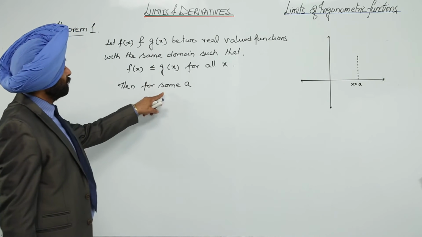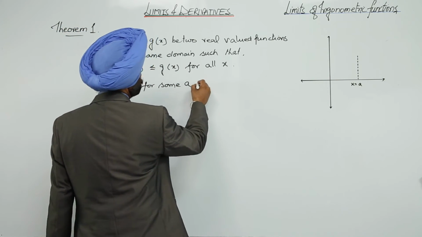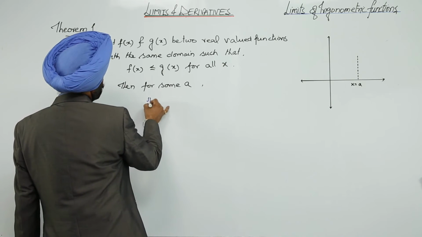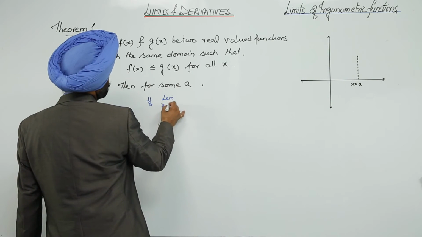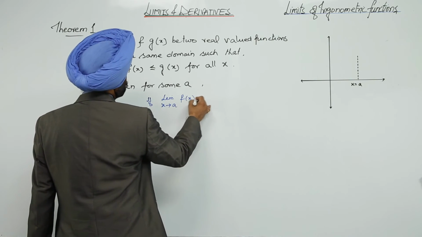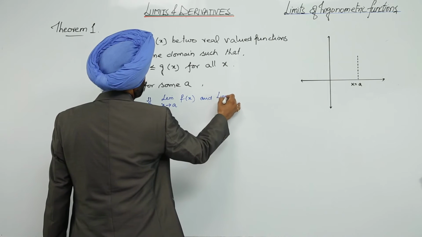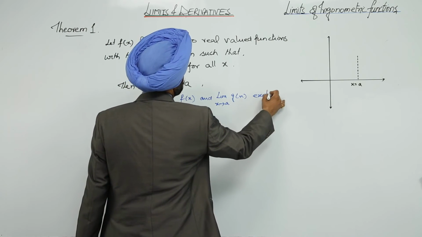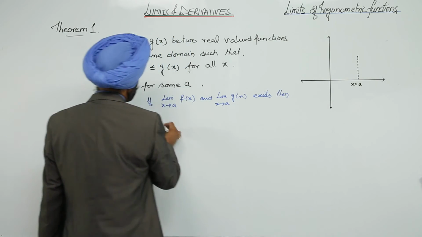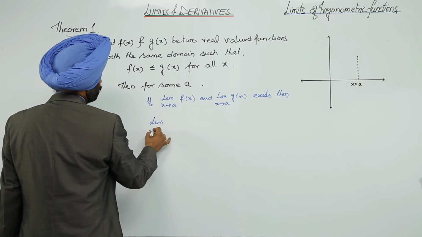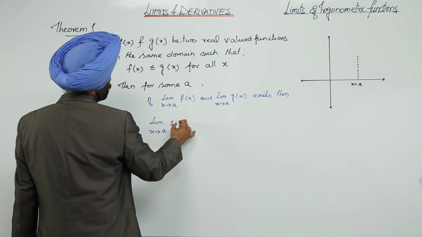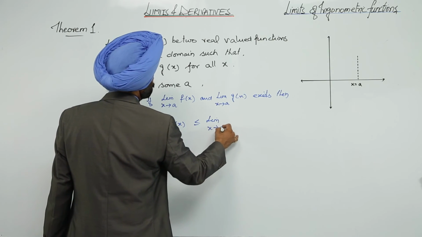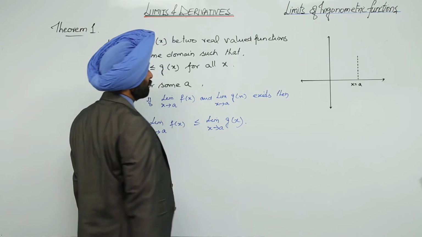Then for some value a, if limit x approaches a f(x) and limit x approaches a g(x) exist, then limit x approaches a f(x) is less than or equal to limit x approaches a g(x). This is the first theorem.